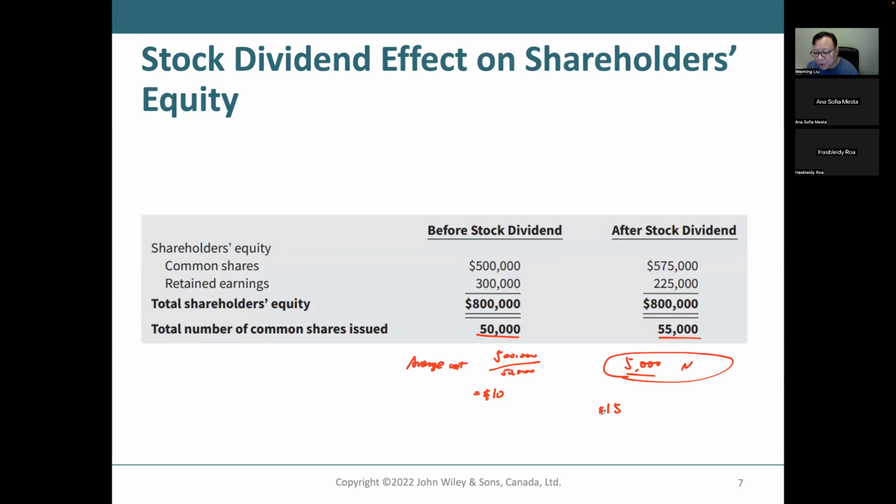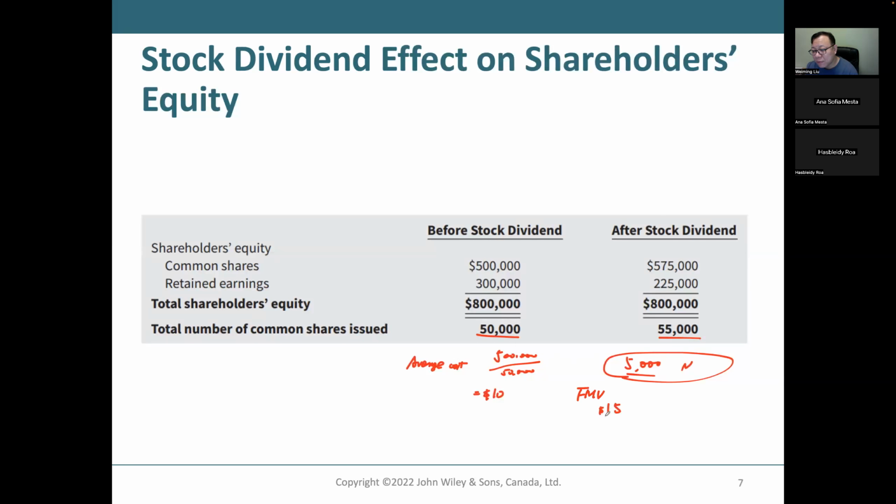So the value is $15. At this point, this is the fair market value. So when you declare the stock dividend, at the time of the declaration, when the dividend becomes payable, that fair market value is $15, and you issue 5,000 stock dividend. So $15 times 5,000, that's 75,000.